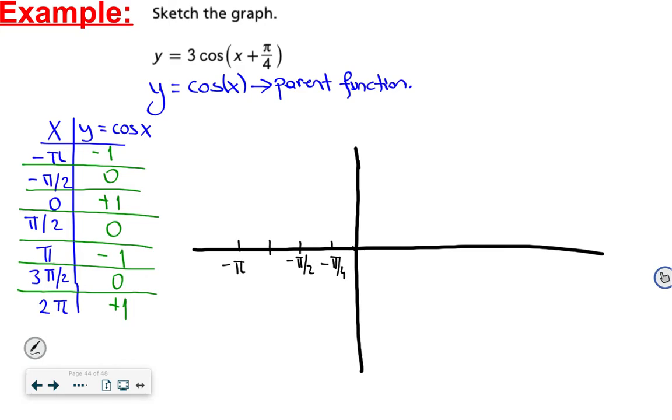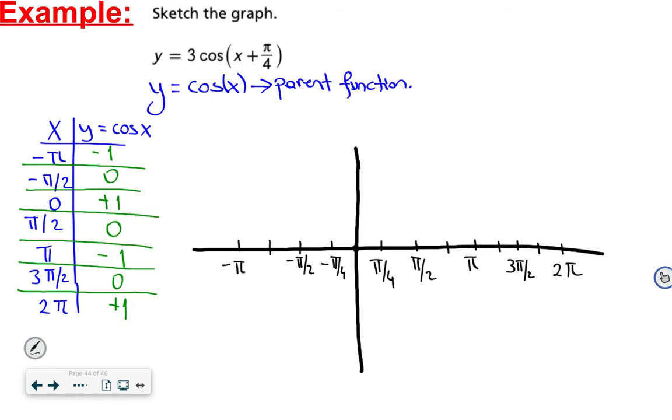So this is going to be 0, this is going to be pi over 4, this is going to be pi over 2, and this is going to be pi, and this is going to be 3 pi over 2, and this is going to be 2 pi.